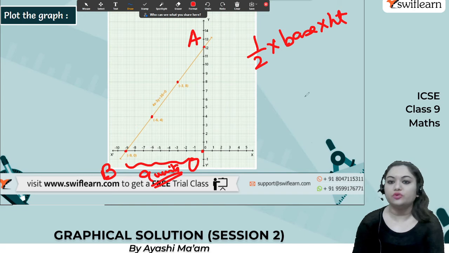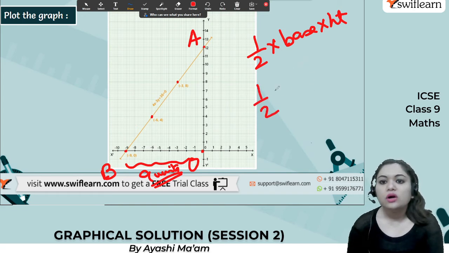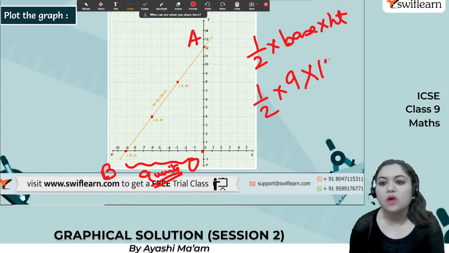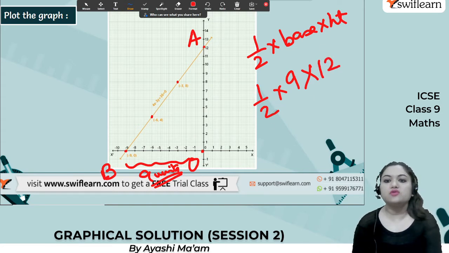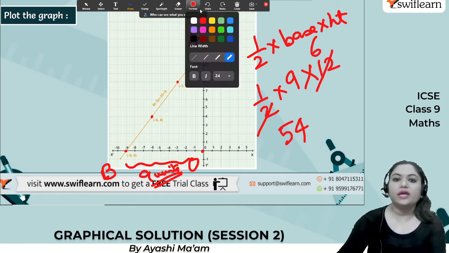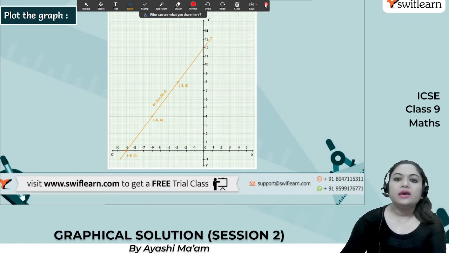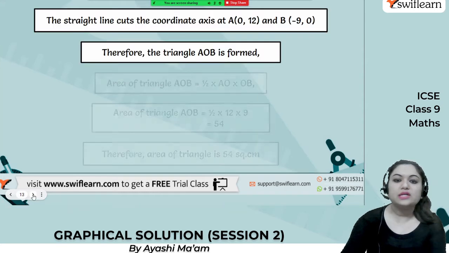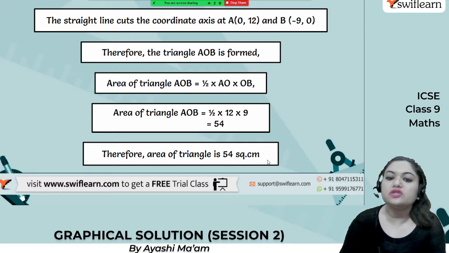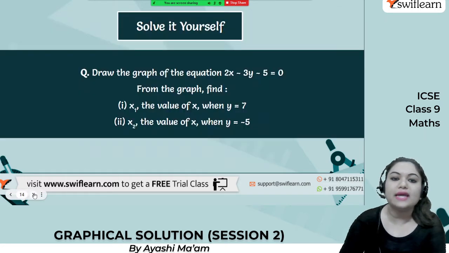So base is 9 units and height is from 0 to 12, so height is 12 units, right? Now you can solve it, and you will get 54. The unit will be in terms of square, because we are finding out the area. So the area of the triangle will be 54 square centimeter.